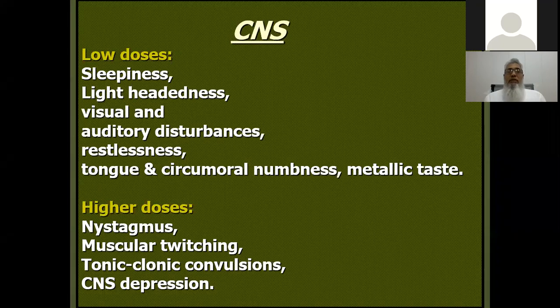And the CNS symptoms are more common. So there is a spectrum of symptoms. The patient may have lightheadedness, mild sedation. He may have auditory disturbances, visual disturbances, restlessness. And the first symptom to appear, you should remember, is circumoral numbness or perioral numbness and tongue paresthesias.